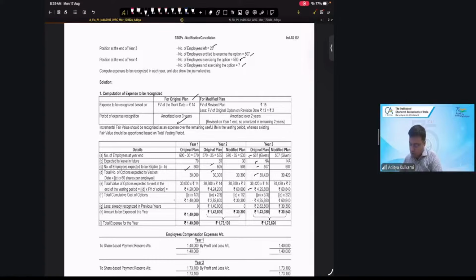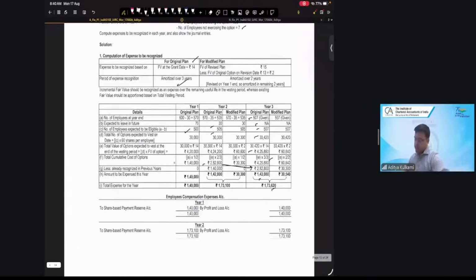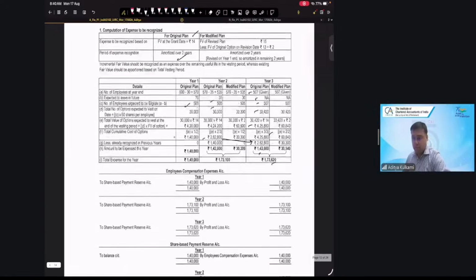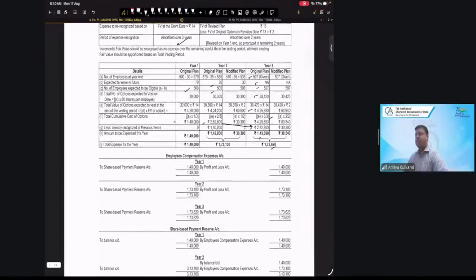Total cumulative cost of options is 425,880. What is recognized previously is getting eliminated here. So amount to be expensed this year 143,080. Total expense for the year 173,620. Are you able to follow? Yes. So this is the old plan.